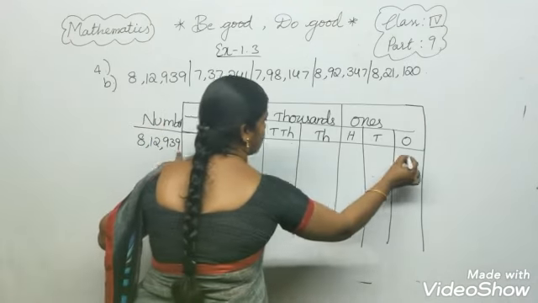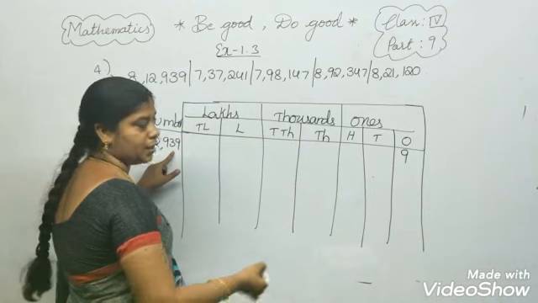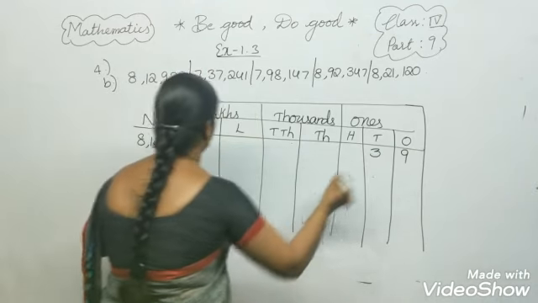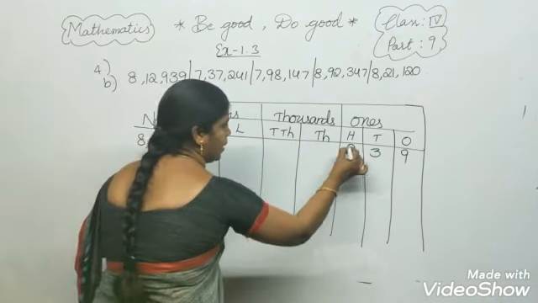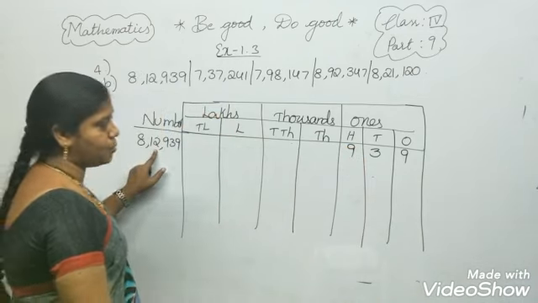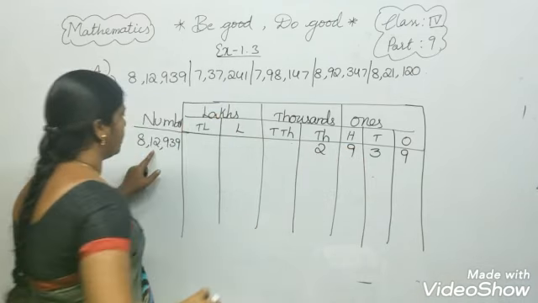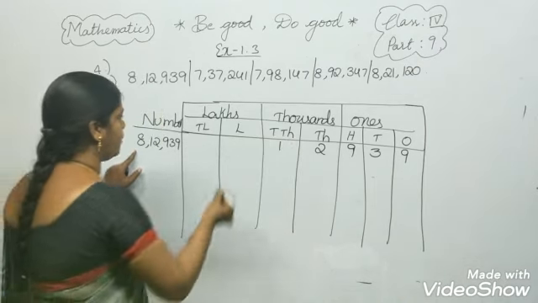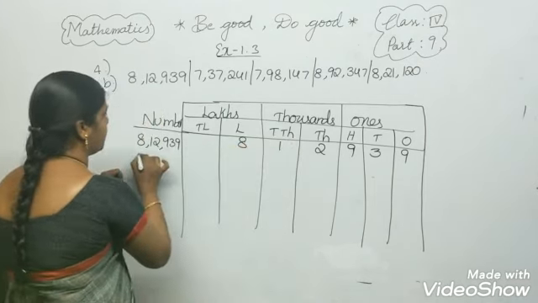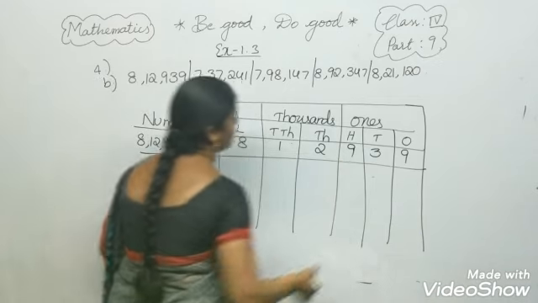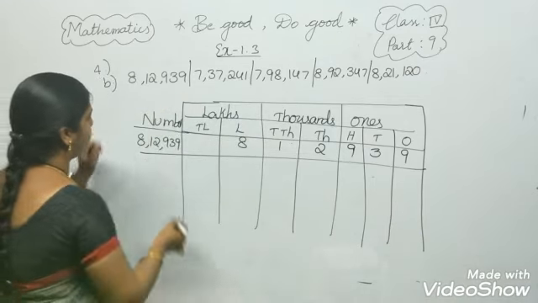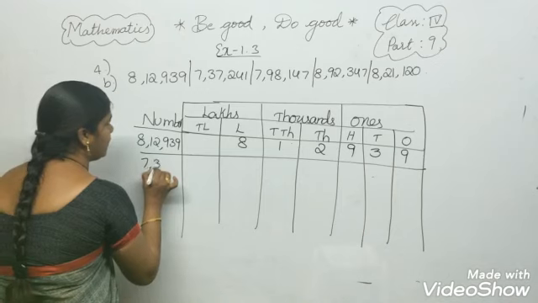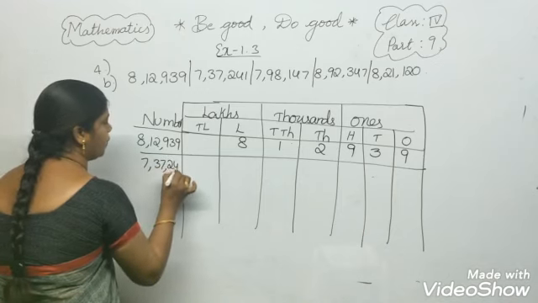In the ones place 9, tens place 3, hundreds place 9, thousands place 2, in 10,000s place 1, and in lakhs place 8. Now the second number, 7,37,241.